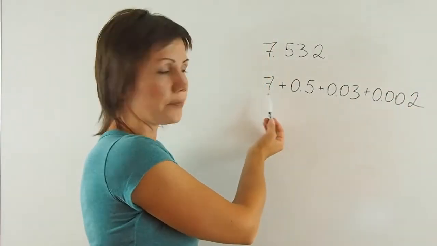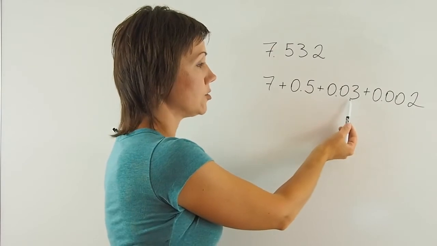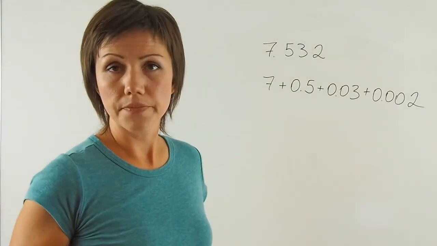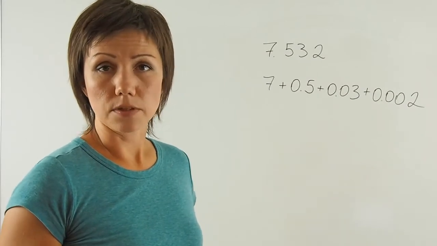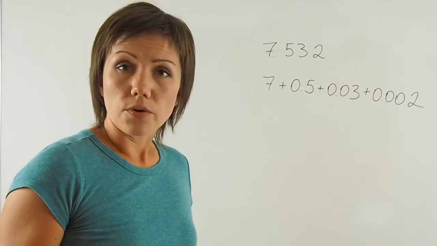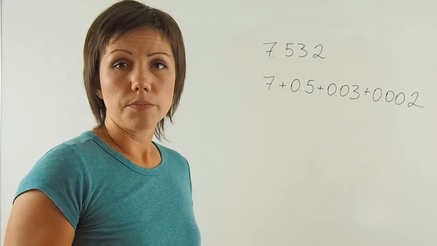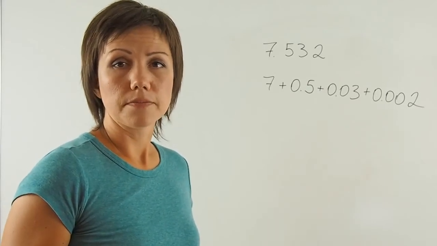This is wholes, tens, hundreds, thousands. The place value is very important when you operate decimals. Also, when you round decimals, you need to keep in mind the place value.